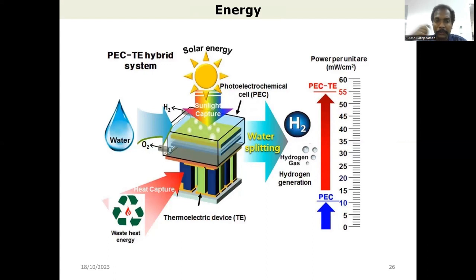And solar energy can also be consumed and used to produce electricity with the help of solar absorbing nanomaterials. Heat can also be captured by nanomaterials, and that heat can also be used to produce electricity.